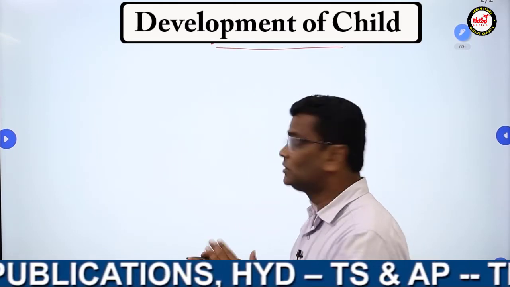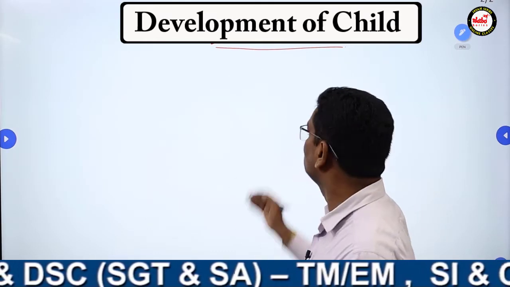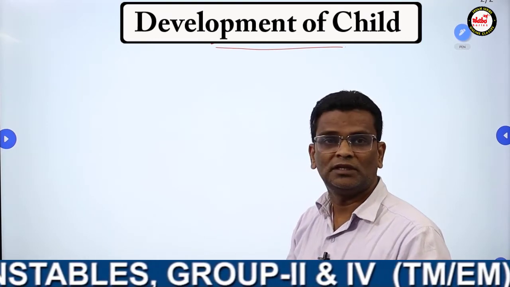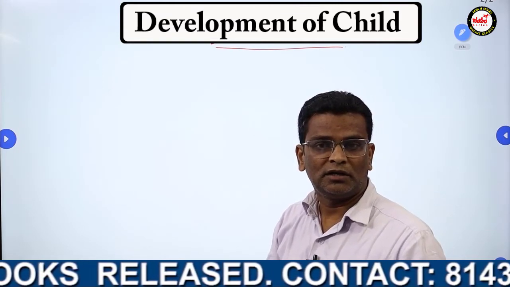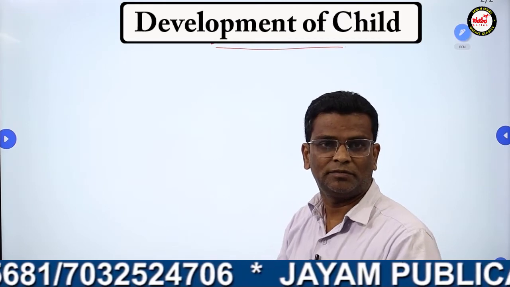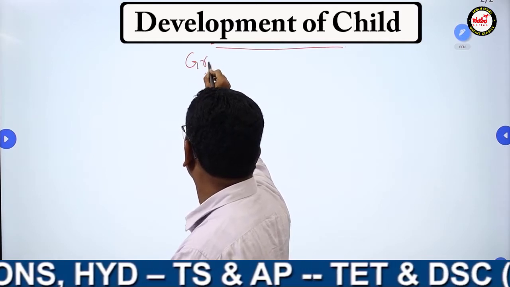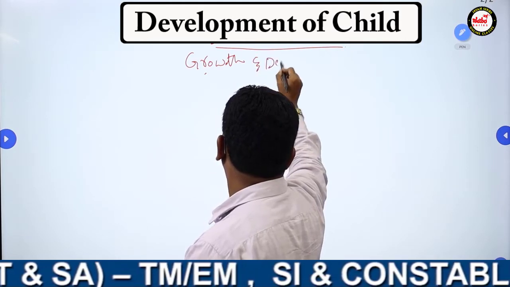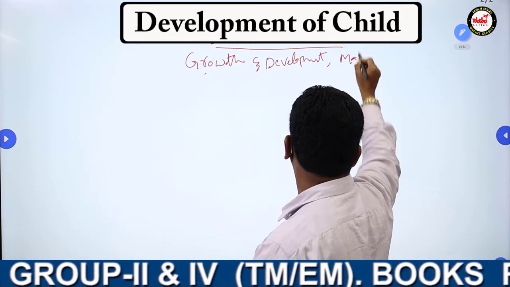Yes. In child development and pedagogy, today we will discuss the first unit, development of child, meaning child development, how it happens. The first topic is growth, development and maturation.